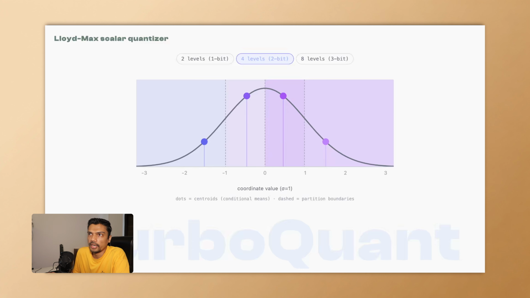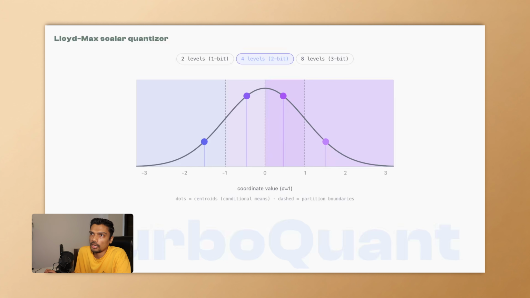The Lloyd-Max algorithm iterates between two steps. First is a partition step: given centroids C1, C2, C3 up to CK, assign each real value to the nearest centroid. The partition boundaries are the midpoints between adjacent centroids. And the second step is centroid update: given the partitions R1, R2 up to RK, set each centroid to the conditional mean of the distribution within that range.